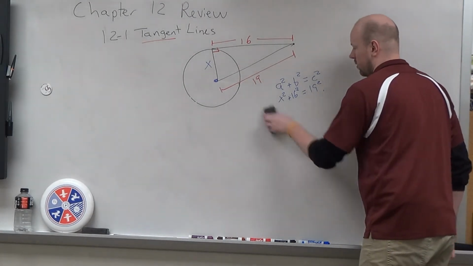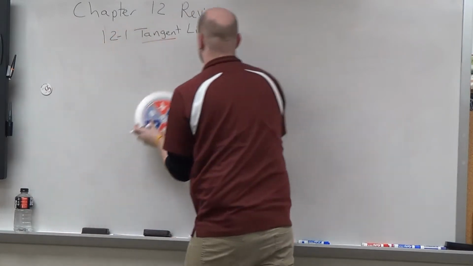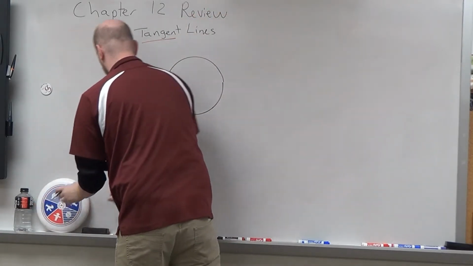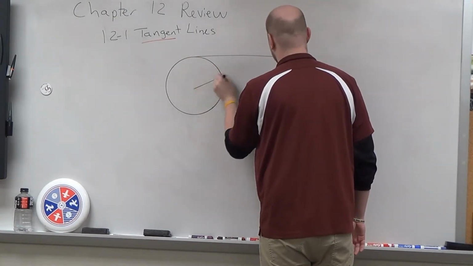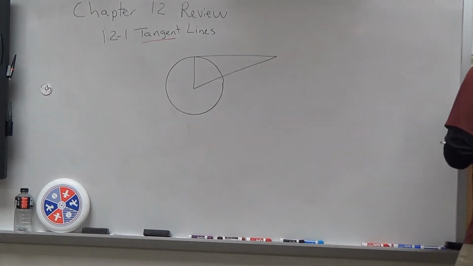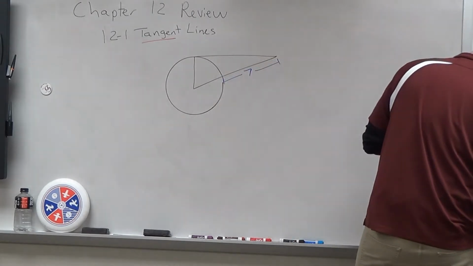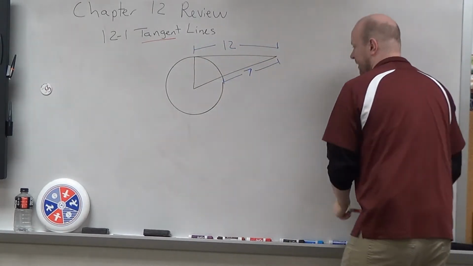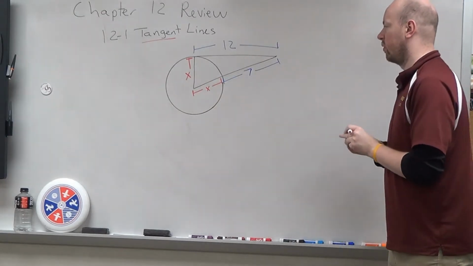Okay. Separate problem. Let's see. If I tell you that this part is 7, this part is 12, and then I have a radius of x, where I'm solving for x.